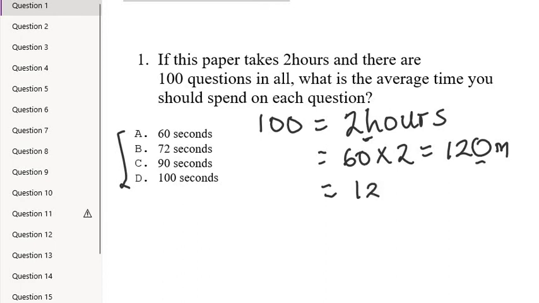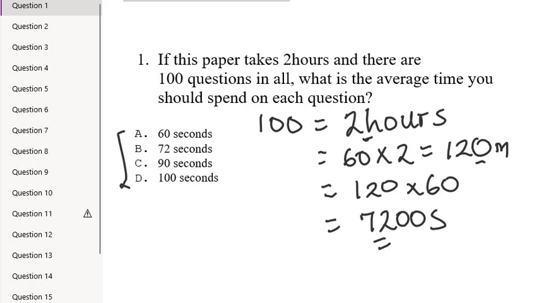So 120 times 60 should give us 7,200 seconds. Okay, so what I've done is to convert 2 hours to seconds. So 2 hours to seconds is 7,200 seconds.